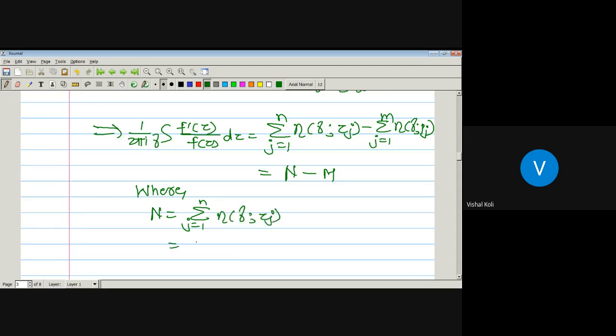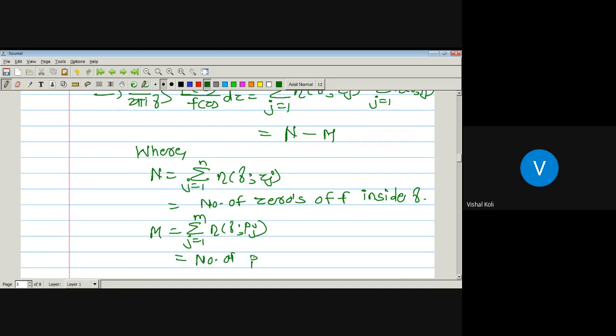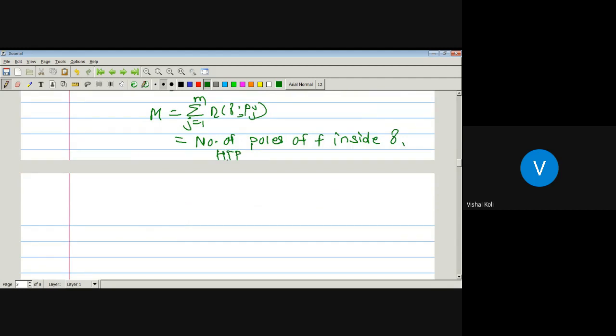That is, it is nothing but the number of zeros of the function f inside the curve gamma, and capital M is nothing but summation j running from 1 to m index of the curve gamma with respect to the point pj, and that one is nothing but the number of poles of the function f inside gamma. That is what we have to prove, and hence the required result.